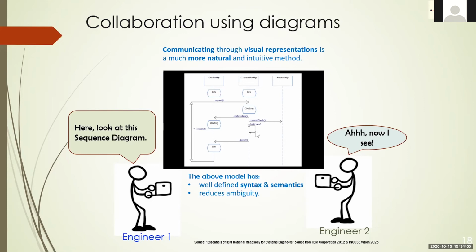So it's calling itself to send a message and it's reacting to the message. And then on the left part, the 5 seconds, what we are saying is that between the request and the end of the transaction, it has to be less than 5 seconds.